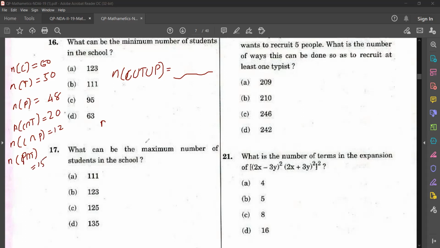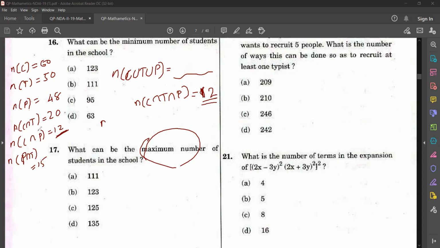Now I need the maximum number of students. Maximum means I have to take n of C intersection T intersection P. Which value is it?